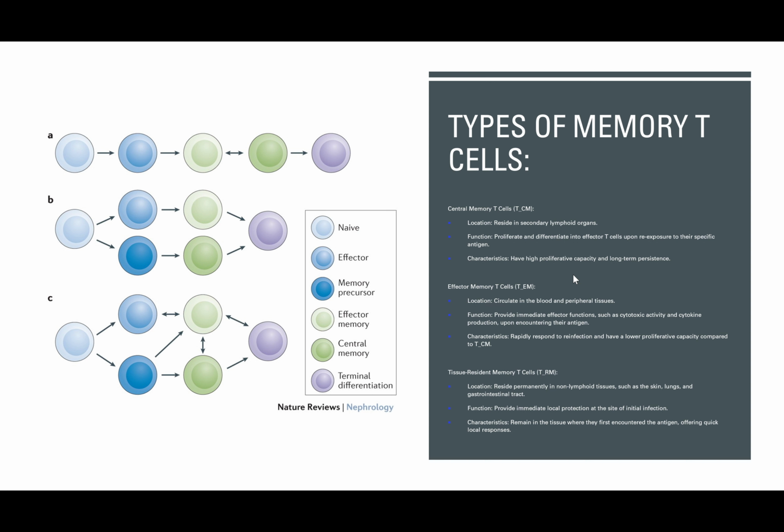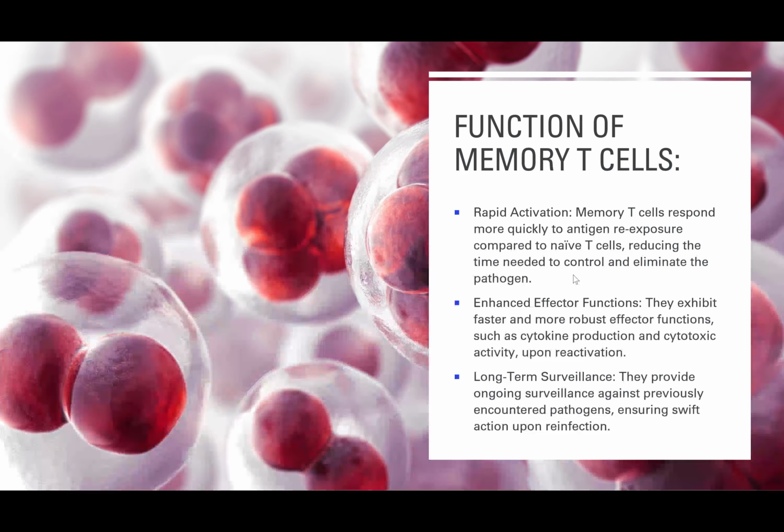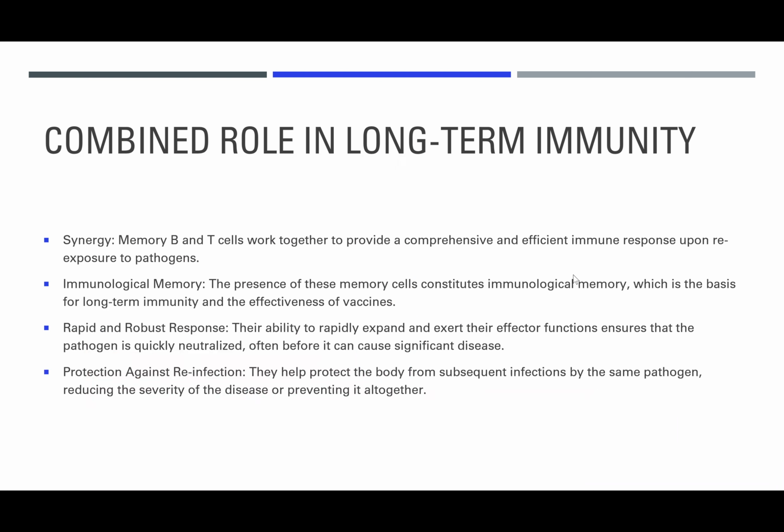So not only do we have the memory B cell, but we have 3 different types of memory T cells. We have the general function: rapid activation upon re-exposure, enhanced effectiveness of the cytotoxins and antibodies, and long-term surveillance over the body. So the combined long-term immunity will be there. They have synergy with each other. The memory B cells and T cells work together to provide comprehensive immunity.